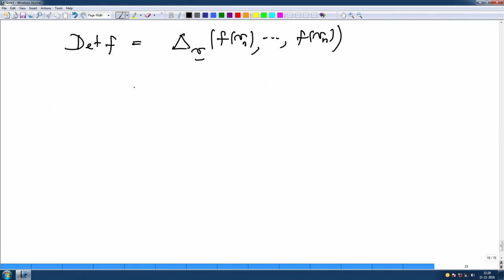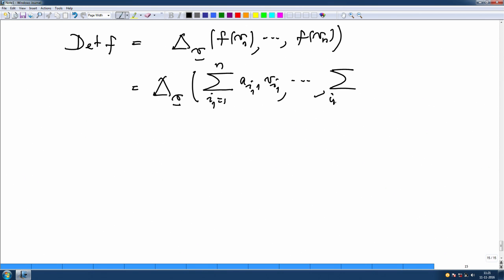This is the same as delta v, where the first component is v1, so that is summation over i1 from 1 to n of a i1 1 v i1, and so on, summation in 1 to n.